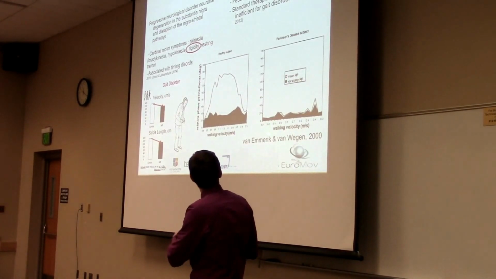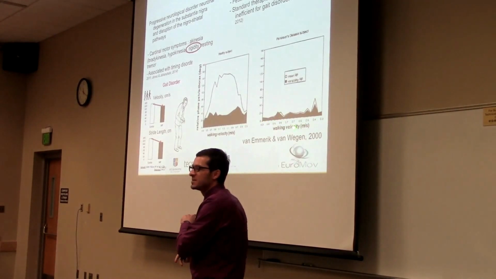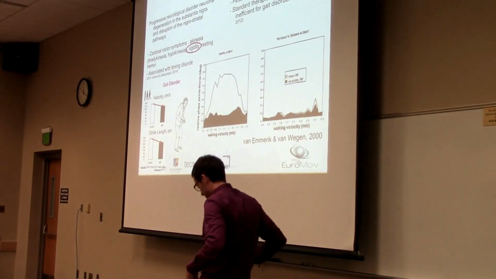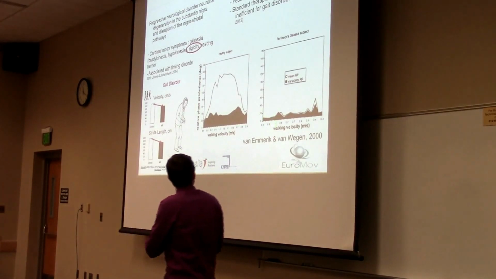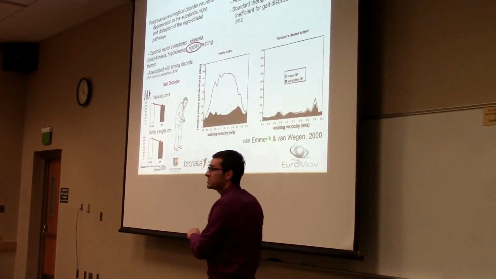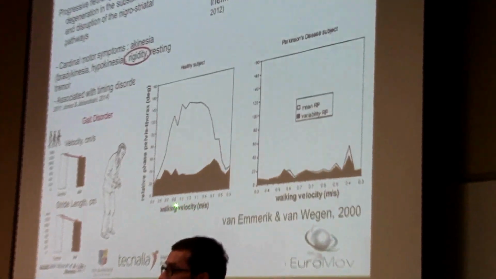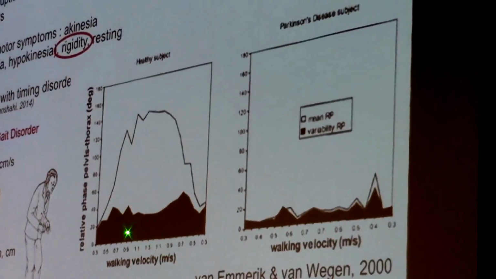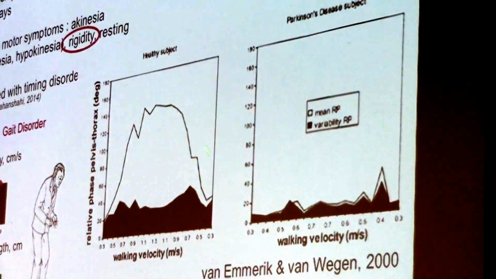What you see in the black curve is the patients' standard deviation of the relative phase between pelvis and thorax. When they walk, they maintain a very consistent relative phase in comparison to the healthy. When you change the velocity, the healthy experience flexibility, with more variability in the relative phase. And this is also the actual relative phase which changes.